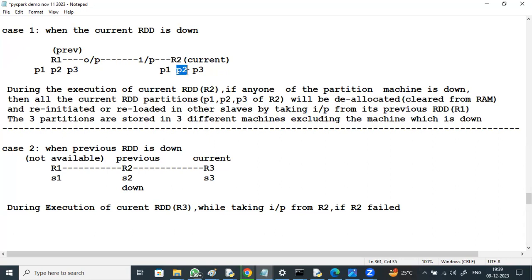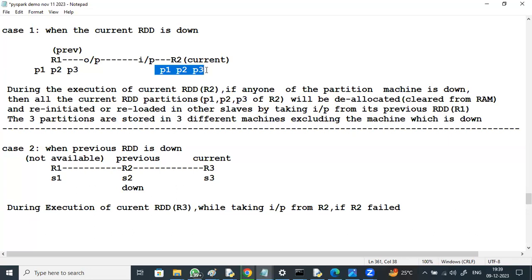Some data is missing, right? So if you perform anything with only P1 and P3 data, any filtering or any transformation, you will be losing some data here. So what you do, first clear all this. Again, take this entire output, again store it. On this, you perform transformation again.